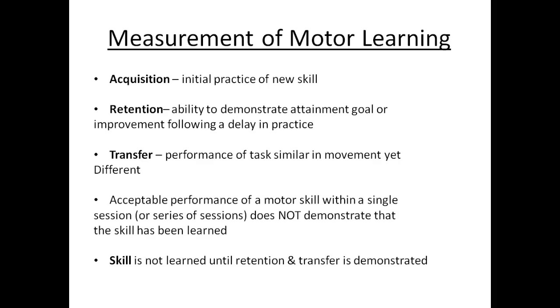And then they've got to be able to transfer these skills into other movements, and that's what physical literacy is all about. It's about that skill transfer of movement. And you're not going to be able to learn that in a single session. This is something that takes time. But remember, a skill is not learned until you can retain it and you can transfer it to other things.